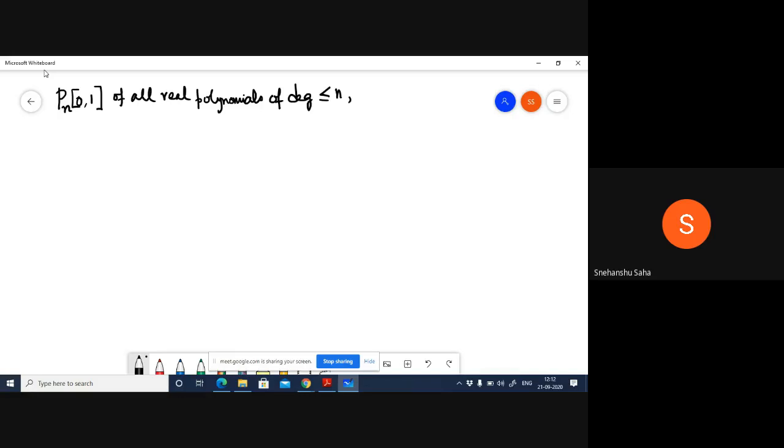An example of such is P2, which would contain all real polynomials of degree less than or equal to 2. A very standard basis of such a vector space is easily constructed as 1, x, and x squared.